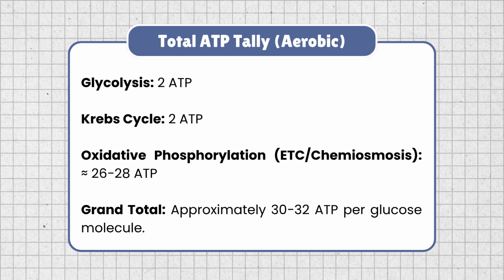This brings the grand total to roughly 30 to 32 ATP produced from every glucose molecule, confirming aerobic respiration as a highly efficient energy process.